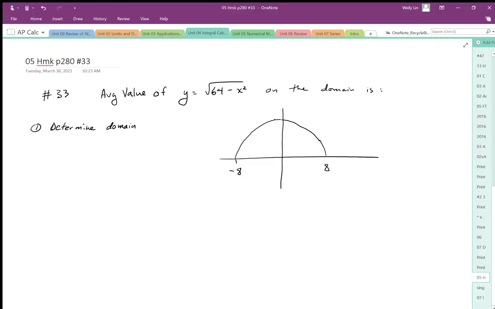Once we've done this, we want to write the average value formula. So the average value is going to be based on the area underneath the curve from -8 to +8.